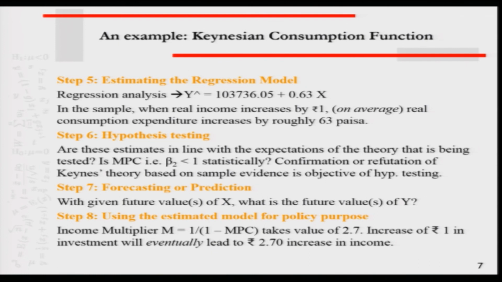What does it mean? It means that an increase of rupee 1 in investment will eventually lead to a rupees 2.70 increase in income. Those from an economics background easily appreciate this example, and of course, this is very important for policy making purposes.